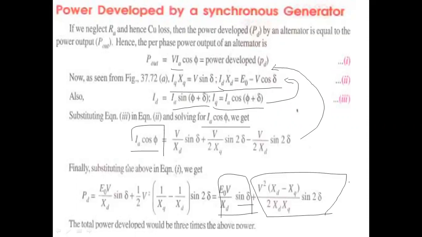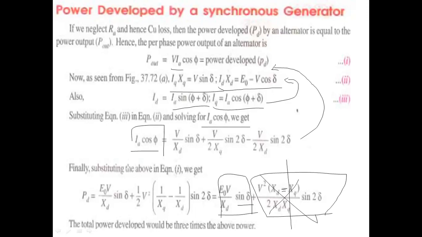Okay, so if I make XD equal to XQ, now the machine has a cylindrical rotor, right? And the second term becomes 0. There will not be a second term, and the power is given only by the first term. And in other terms, if no field excitation is there, that becomes E naught equal to 0, right?